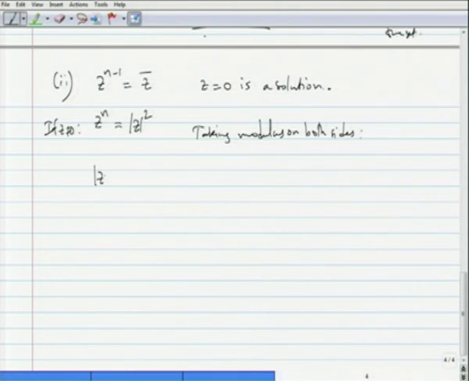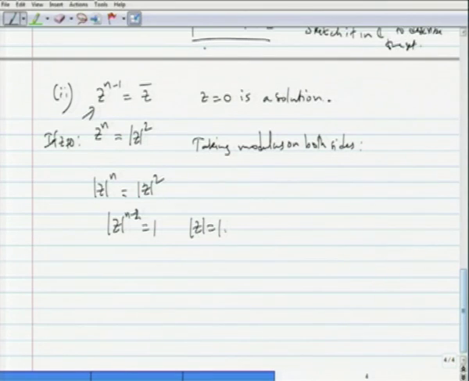So, we get modulus of z to the power n is equal to modulus of z squared, because the right hand side is already a real number, its modulus is itself. So, what we get is that the modulus of z to the power n minus 2 is equal to 1.